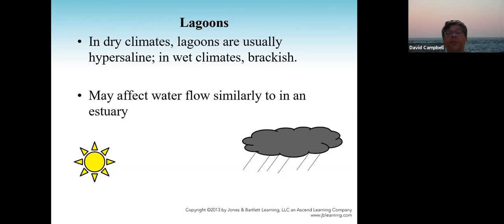In contrast, if we're someplace where there's lots of rain, say close to the equator, or perhaps more mid-latitude areas, then the lagoon area is going to tend to be fresher than normal ocean, somewhat brackish. And no surprise, just as we saw with estuaries, having saltier and fresher water around, that may affect the patterns of the flow.